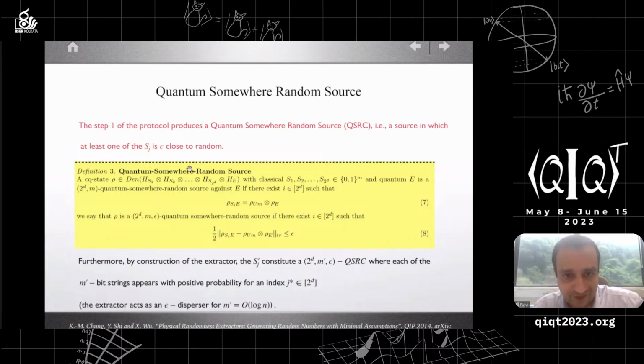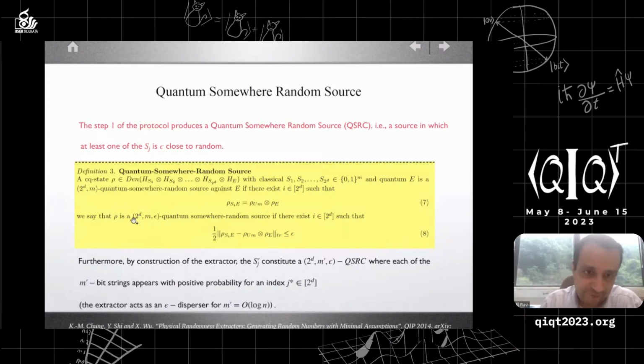The idea is to produce a quantum somewhere random source: if you have a CQ state rho in which you have S1 to S_{2^D}, which are classical bits, and you have E, which is some quantum state, the CQ state with these classical bits and quantum E is a somewhere random source against E if there is some index I such that rho at this position, the state of this S_I E, is a uniform bit string of length M tensor rho_E, which means that at this position I you get a bit string that is uniform and independent from an eavesdropper.